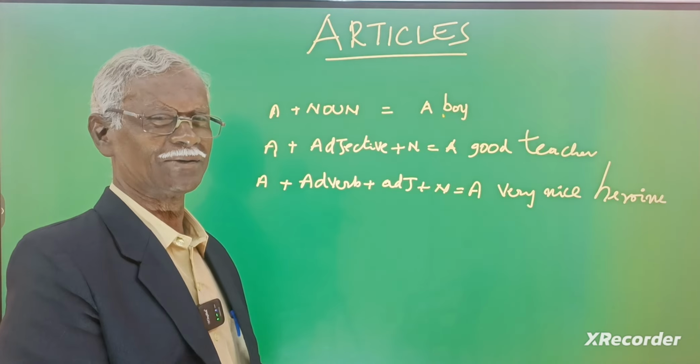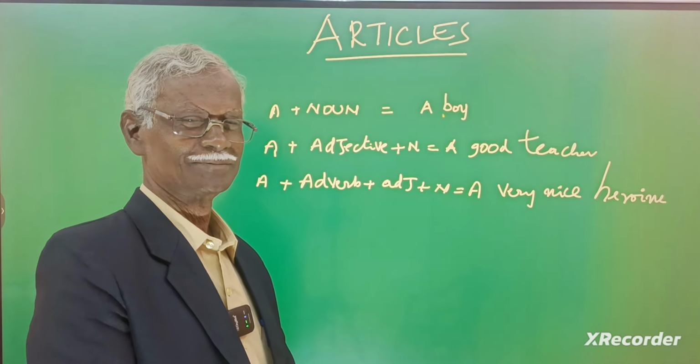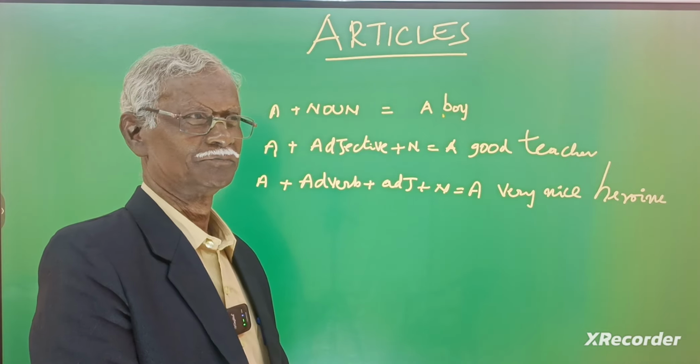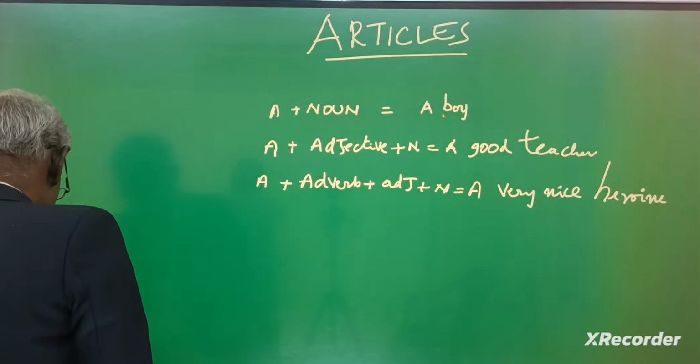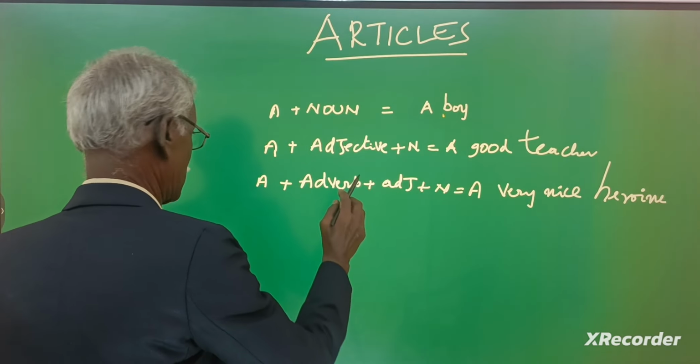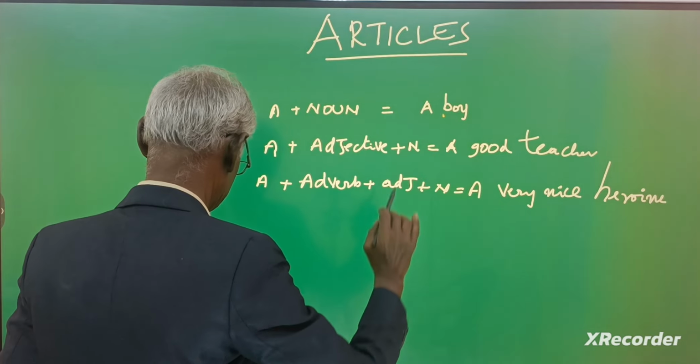A very nice heroine. I saw a very nice heroine in a garden. So this is what qualifies, modifies and describes a noun.